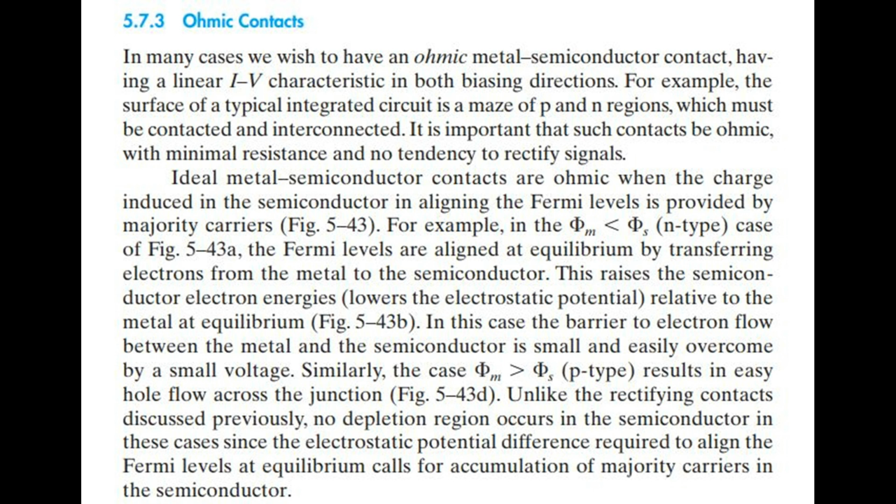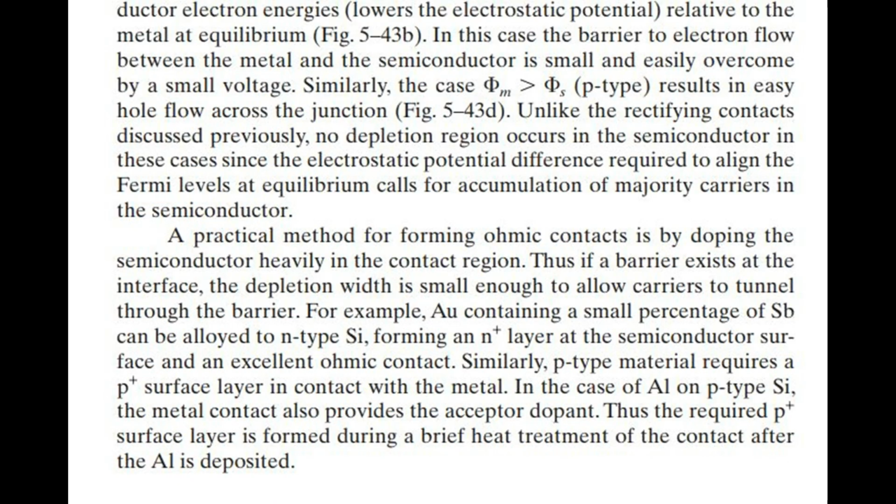A practical method for forming ohmic contacts is by doping the semiconductor heavily in the contact region. Thus, if a barrier exists at the interface, the depletion width is small enough to allow carriers to tunnel through the barrier. For example, gold containing a small percentage of antimony can be alloyed to N-type silicon, forming an N+ layer at the semiconductor surface and an excellent ohmic contact.